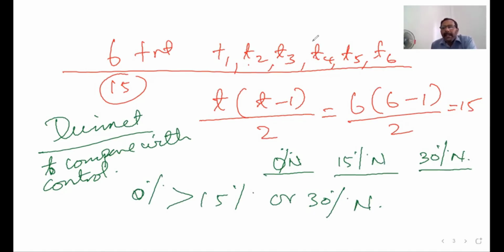Because I'm putting 0 nitrogen for one plant, another plant 15% nitrogen, another plant 30% nitrogen. Can I conclude that the 0% nitrogen applied plant has the higher yield? Is it logical?